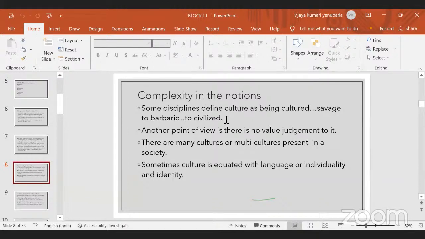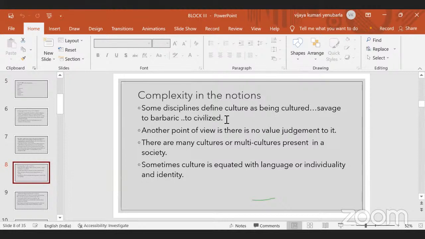So some say that anything is culture. Suppose you celebrate one thing. For example, some sect of people celebrate the birthdays of newly born kids, infants, and some other sect of people don't celebrate. They think celebrating a birth is dangerous, or it is prohibited for them.